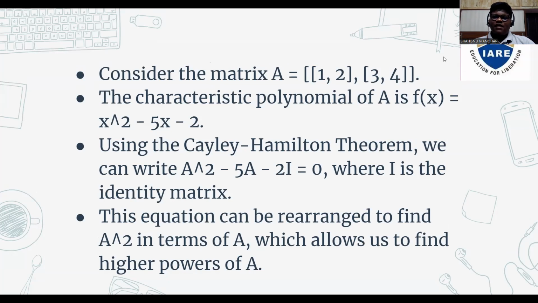Now using the Cayley-Hamilton theorem, we can write A squared minus 5A minus 2I equal to 0, where we just replaced x with the capital A, where A is the matrix and I is the identity matrix. This equation can be rearranged to find A squared in terms of A, which allows us to find the higher powers of A.